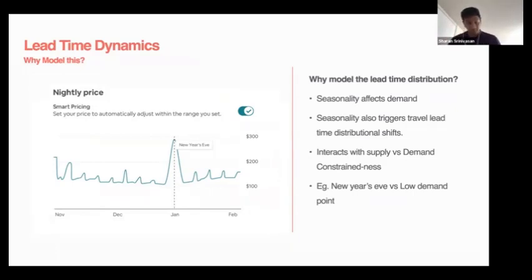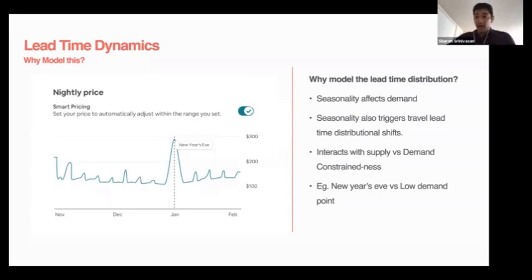At Airbnb, we came out with this product called Smart Pricing, which allows hosts to give control of their prices to Airbnb, and we modulate these prices in accordance with demand, supply, seasonality, etc. The main reason that we want to model lead time is because even if we choose a check-in date, say December 25th, the kind of demand that comes into December 25th varies as we progress towards it.